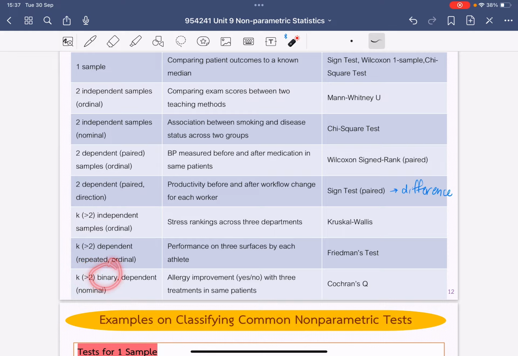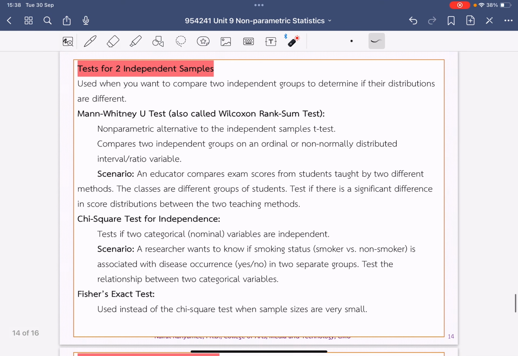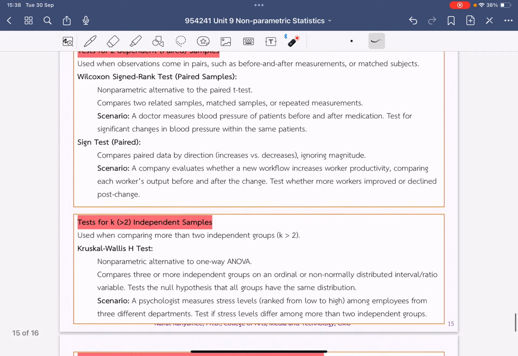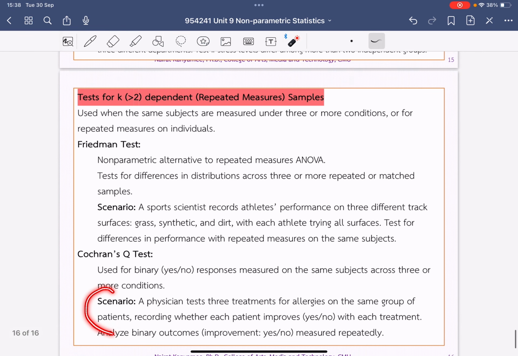And binary means yes or no, just 2 types. So in this case, we use Cochran's Q test, right? You can read more detail here, so I will not go into detail because it's going to be too long.